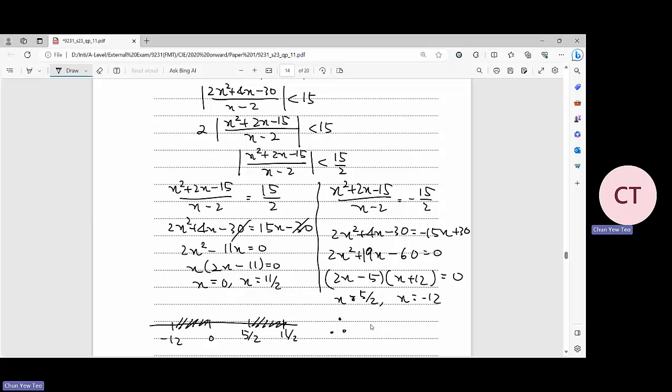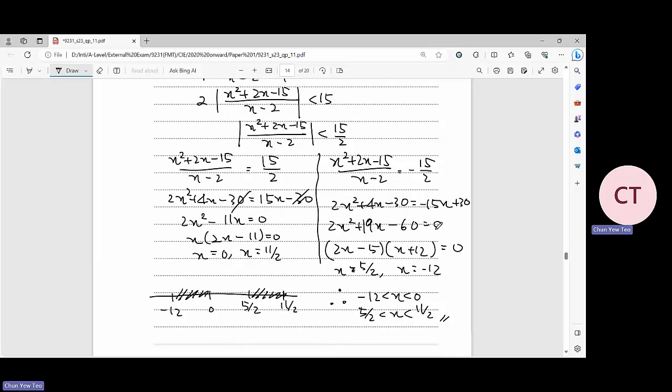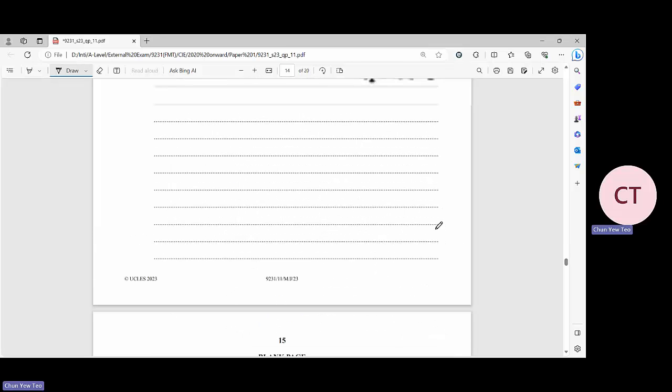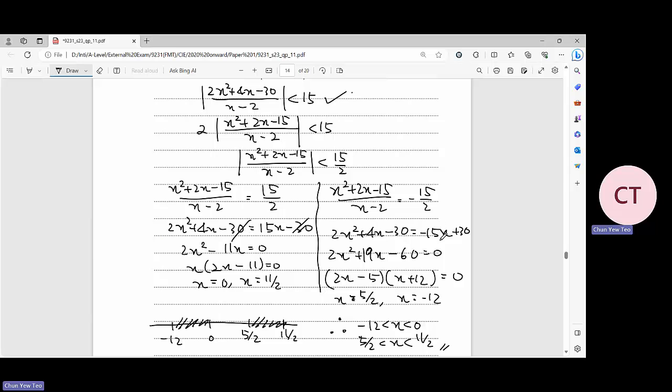Therefore, the range of x that fulfills this inequality will be negative 12 to 0 and 5 over 2 to 11 over 2. That will be your answer that fulfills this inequality. Then done. This is the answer for question number 6E.